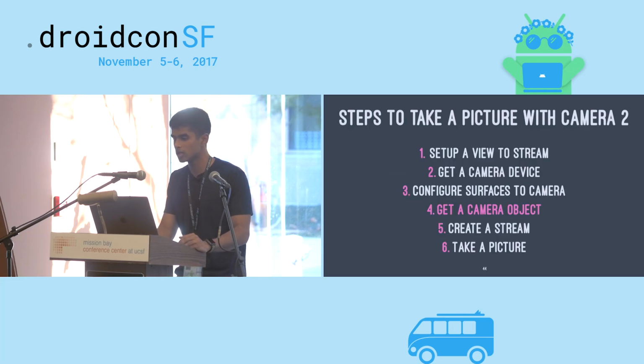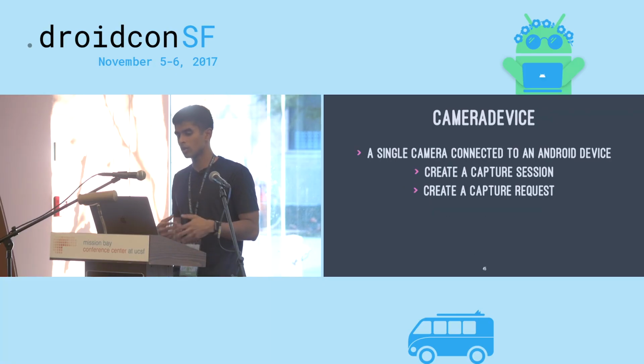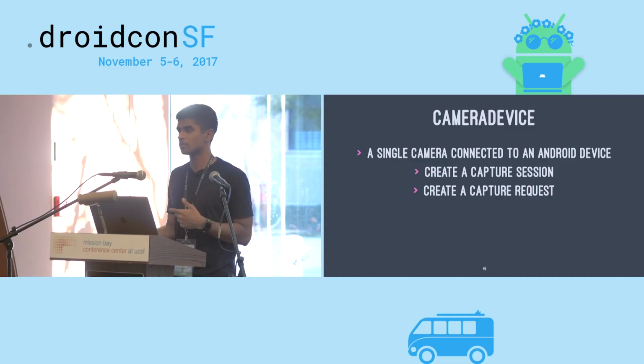Next, we want to get a camera object. When we get a camera object, it's basically a camera device. It's a single camera connected to your device, your Android phone. You can use it to create the capture session and create a capture request.